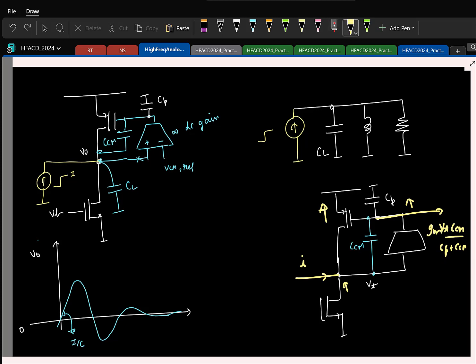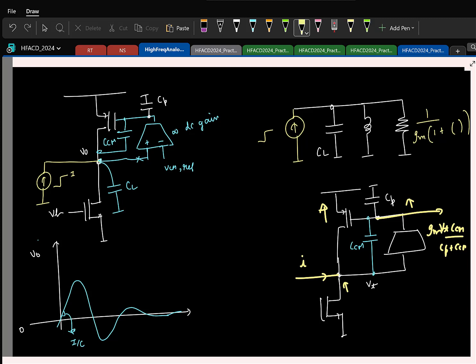So the resistance is what? I am applying a test voltage, Vt. I find that this draws a real current here, which is this one. So what is the resistance? It is basically 1 by Gm times that ratio. Something you forgot.